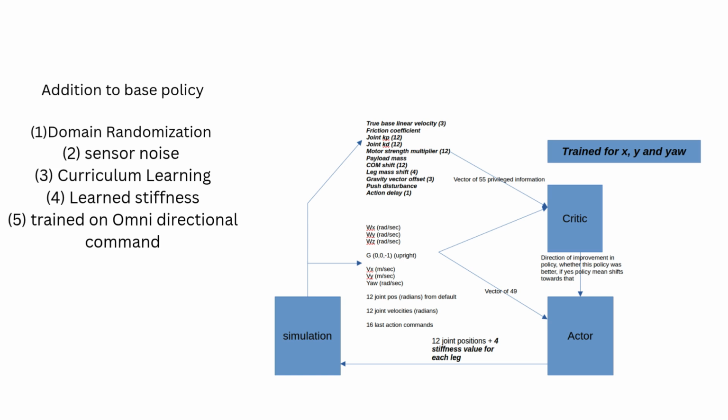I also learned the stiffness of the legs separately from the 12 outputs that we were already learning. I also trained omnidirectional walking, and I gave the critic privileged information which was not originally in the Genesis setup, so this was provided later in the code.